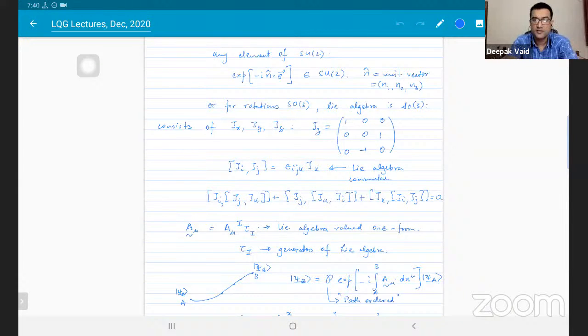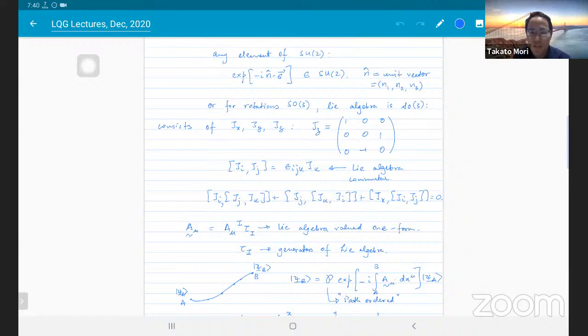Let me just really quickly remind myself what the Levi-Civita connection is. Okay, internet is not working. So yeah, if there are gamma matrices, then yes, it will be non-abelian.